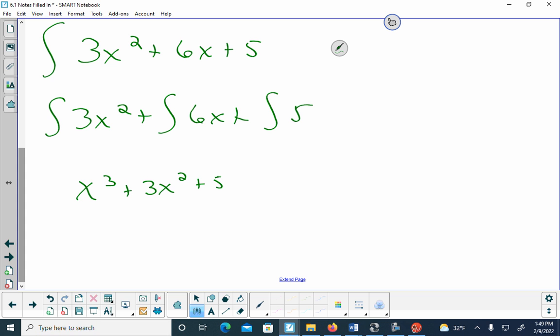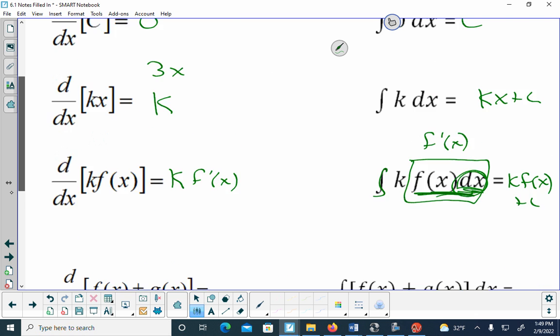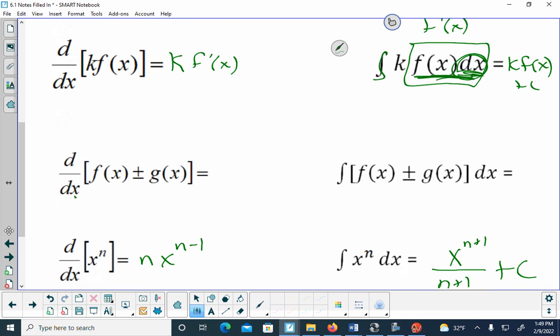I don't understand this. Why would we separate them? Well, you don't have to, but this property is saying that when you go to do one that has more than one term, you can think of it term by term by term. That's what that's saying.